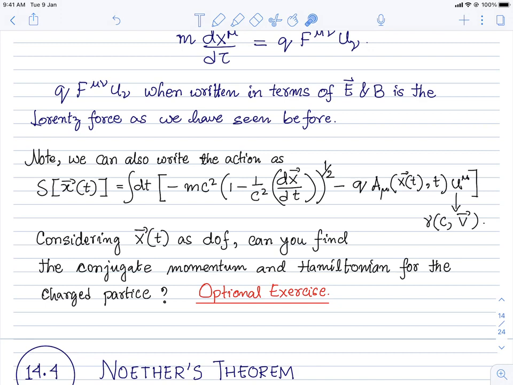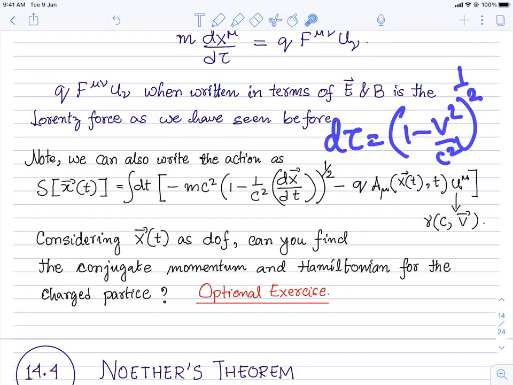Remember, for the free particle, there was a time when we wrote dτ as dt times this factor gamma inverse. I'm trying to write proper time so that dτ is (1 minus v squared by c squared) to the power half times dt.